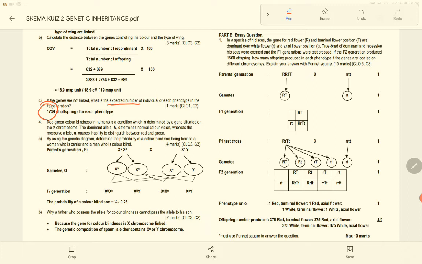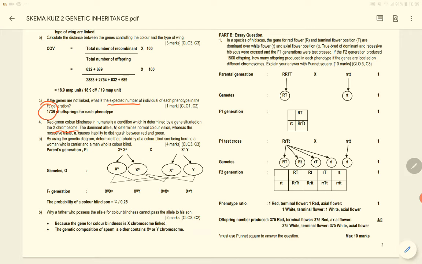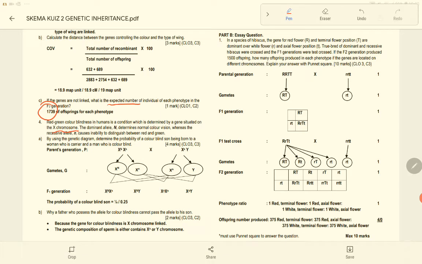So number 4. Red-green color blindness in humans is a condition which is determined by a gene situated on the X chromosome. The dominant allele, big N, determines normal color vision, whereas the recessive allele causes inability to distinguish between red and green. So, draw a genetic diagram.